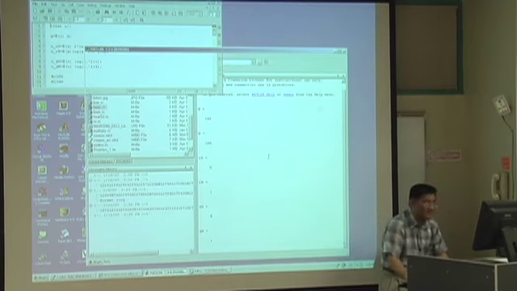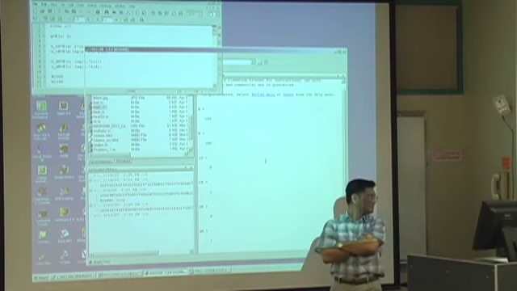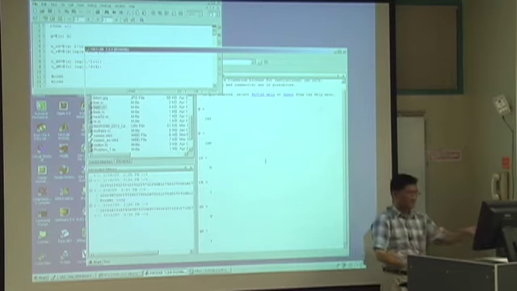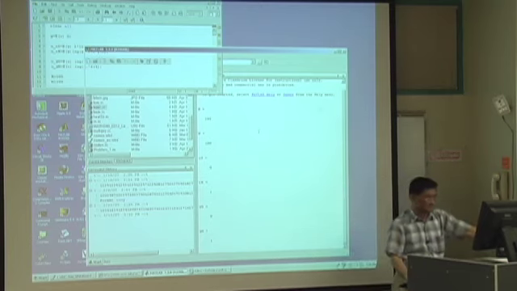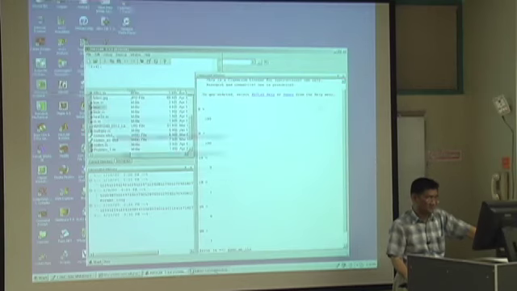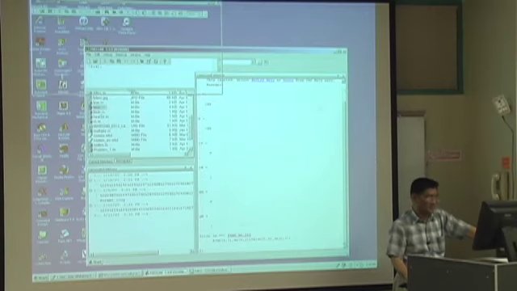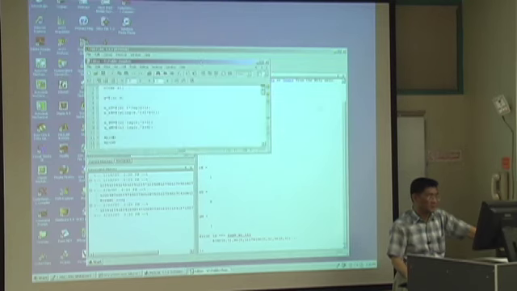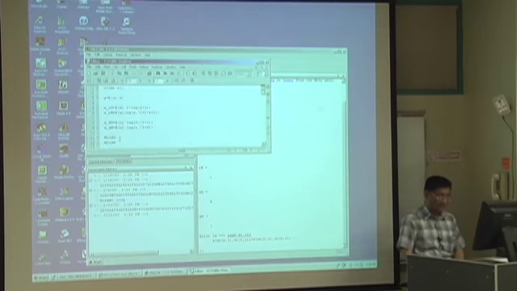Control C? Yeah. I'm learning MATLAB. Sure, we could stop it. So I will reduce the size.